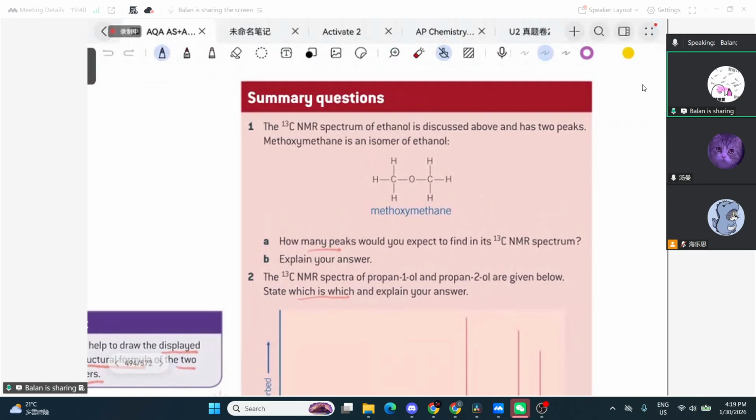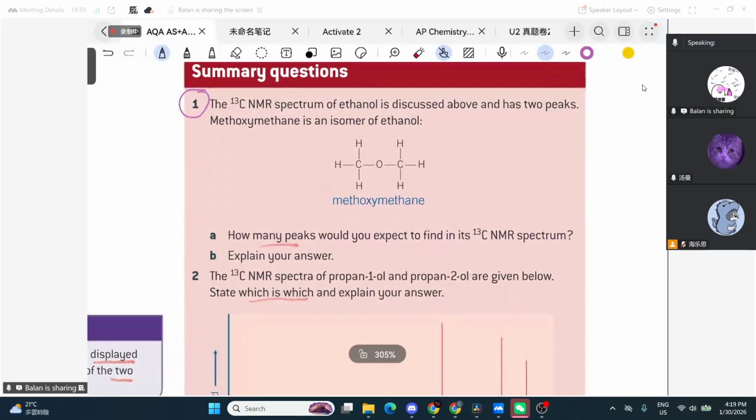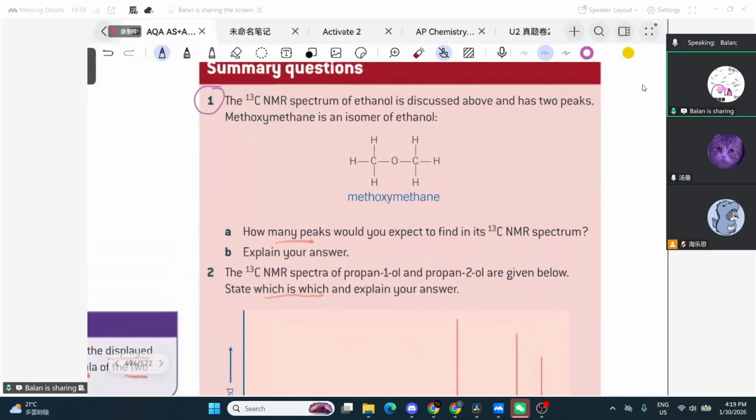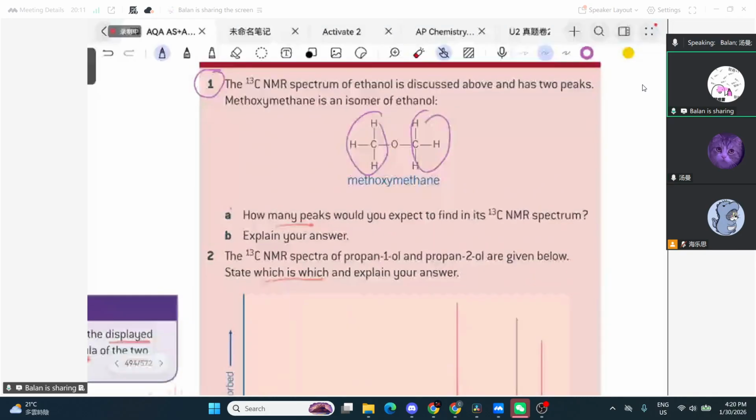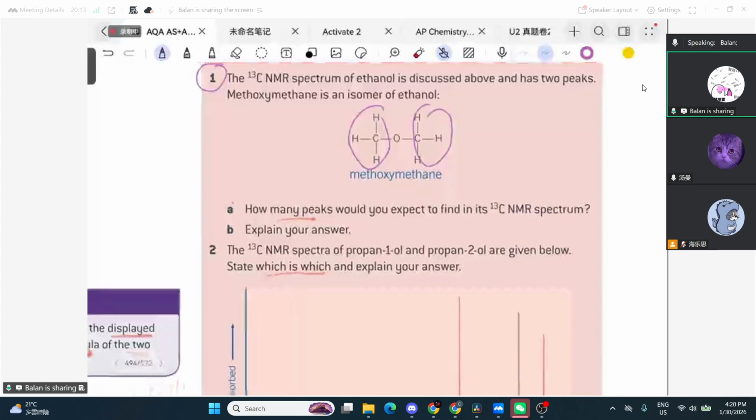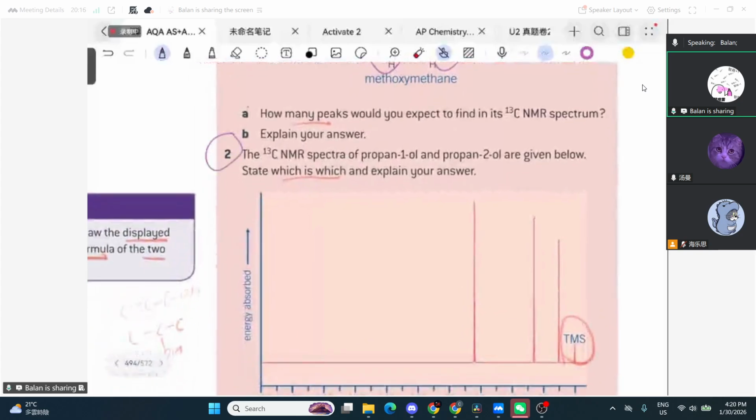Let's just do an exam question. The first one. Okay, 1 minute to think about it. There's 1 peak because the 2 carbons have the same environment. Yes, this structure is symmetric, they are the same. Okay. Second question.